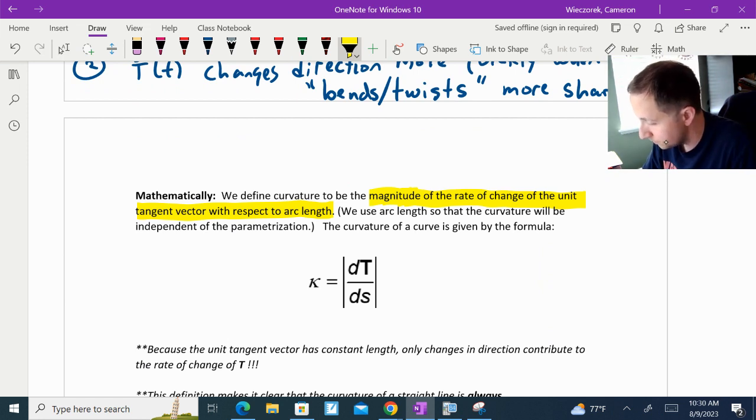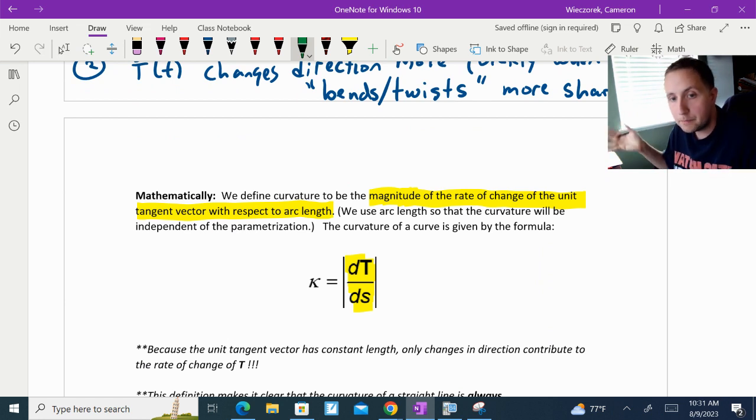In symbols, that would be the magnitude of dT/ds. Why arc length? Because it's independent of the parameterization. We saw in the first part of this section that arc length does not depend on the parameterization chosen. So typically as a definition, we would like to define this derivative to be the rate of change of the unit tangent vector with respect to arc length, magnitude.